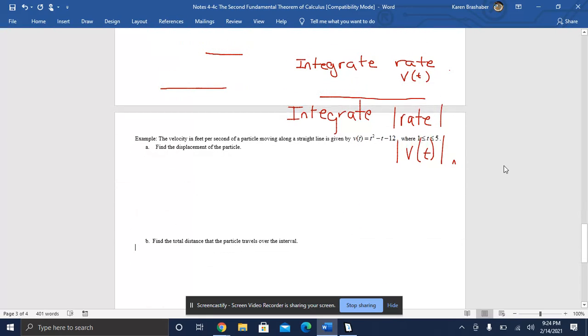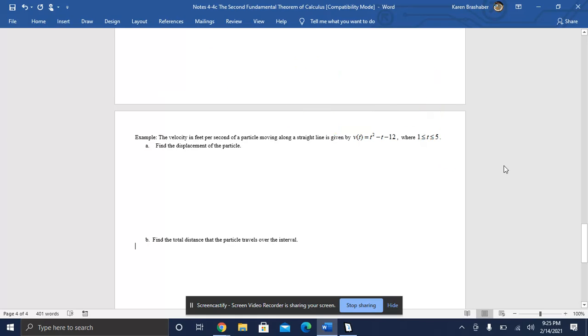On your papers there, for part A, I've given you the velocity is v of t equals t squared minus t minus 12. And I've given you the interval. Part A, I'm asking you to find the displacement of the particle. So notice that word displacement.